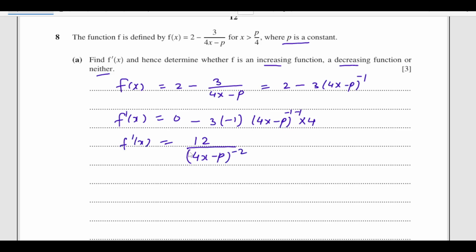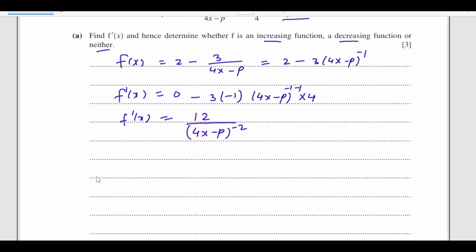So now the question is, hence determine whether it is increasing or decreasing. Now a function is increasing if f dash x is greater than 0.